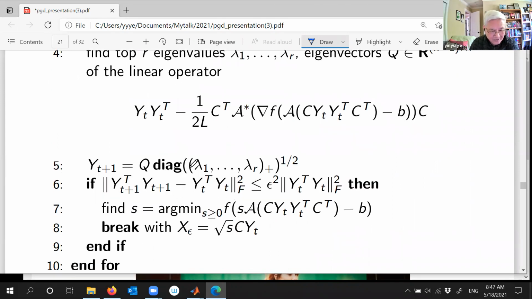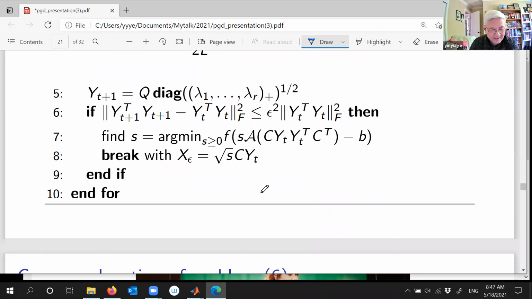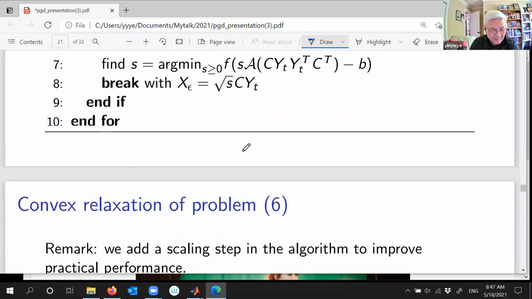Once we get this coordinate, we also do some scaling. I'm not going to go into too much detail. It becomes a one-variable problem, where we find not only the best step size, but also the multiplicative scale factor.